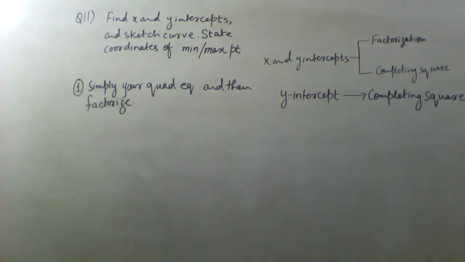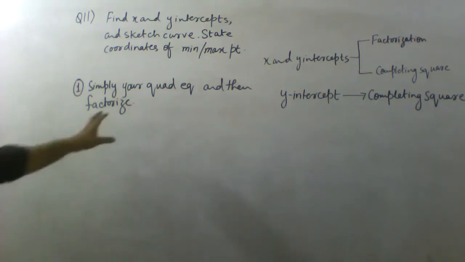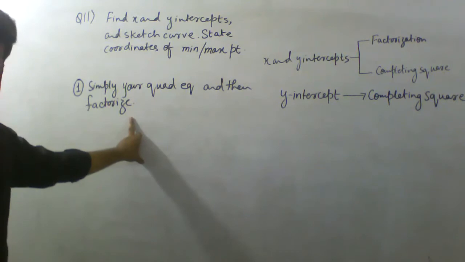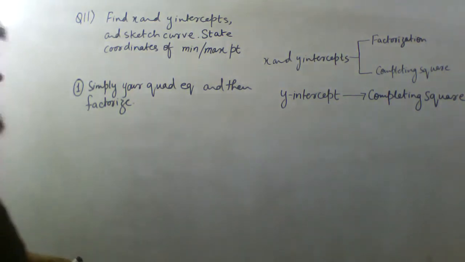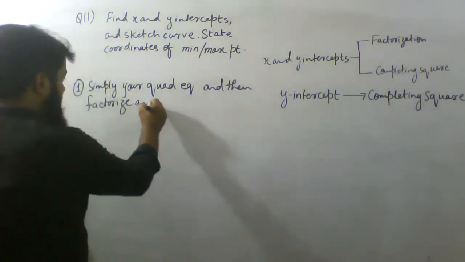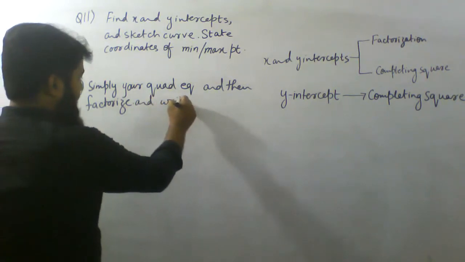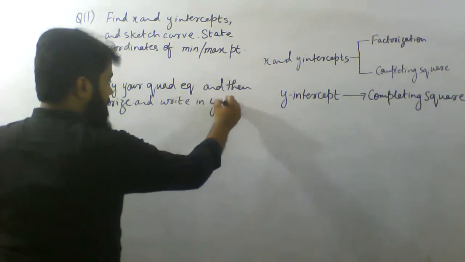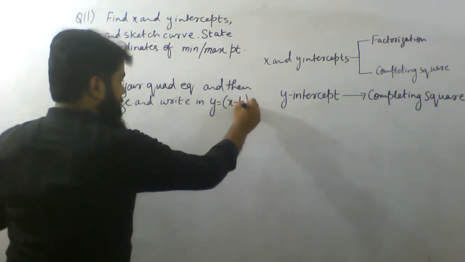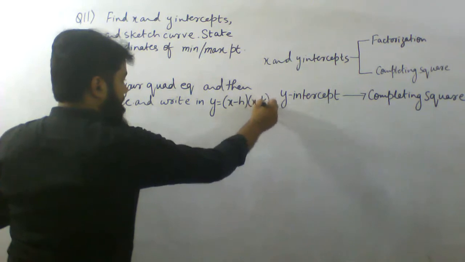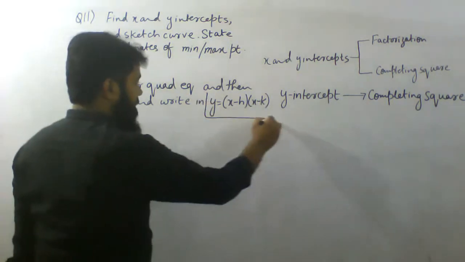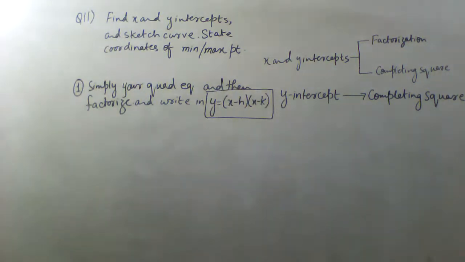First thing, you will simplify your quadratic equation and you will factorize that equation, and you will write it in the form y equals x minus h, x minus k. You will write it in this form. That is the first thing which you are going to do over here.